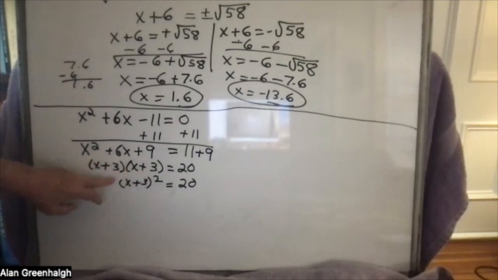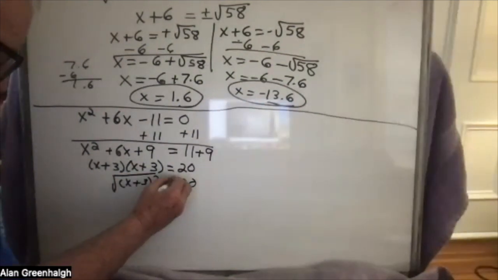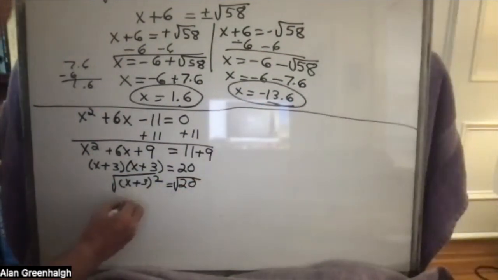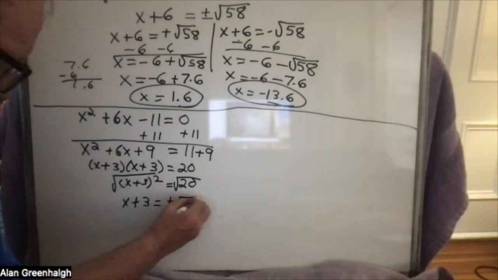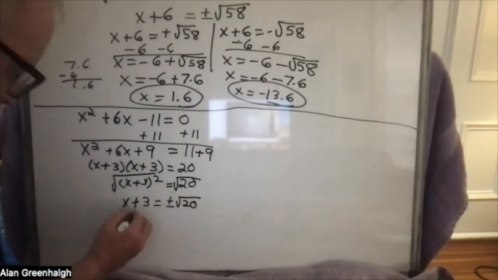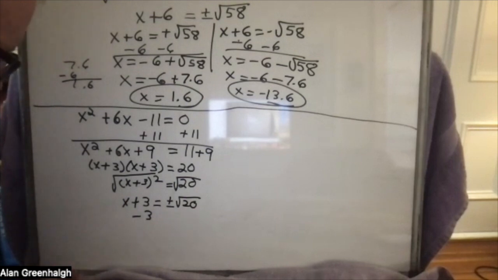So then you factor it, and it's usually a pretty simple factoring. When you have two of them, like 4 times 4 or 5 times 5, you can make it 4 squared or 5 squared. Now you take the square root of both sides of the equation, and you wind up with x plus 3 equals plus or minus the square root of 20. You bring over the -3.